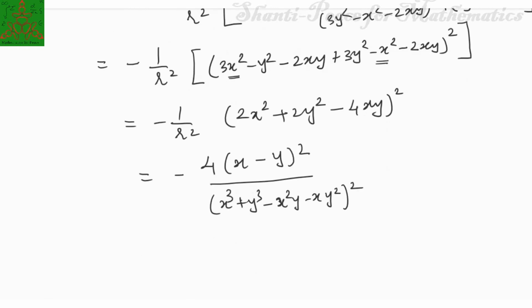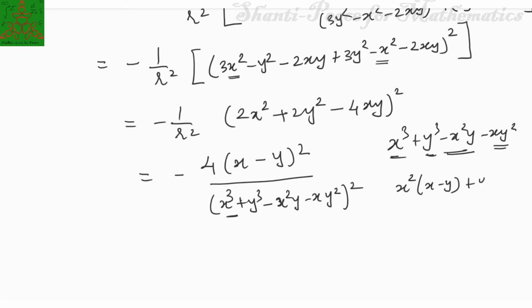Now just note that this is x cube plus y cube minus x square y minus xy square. From these two terms x square is common out, so it is x minus y, and from these two terms y square is common out, so that is y square times y minus x.